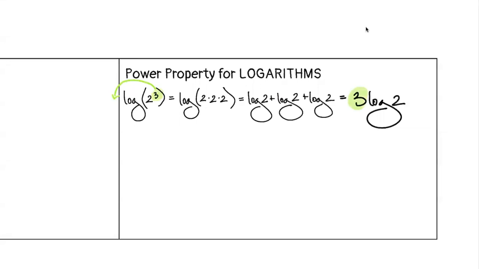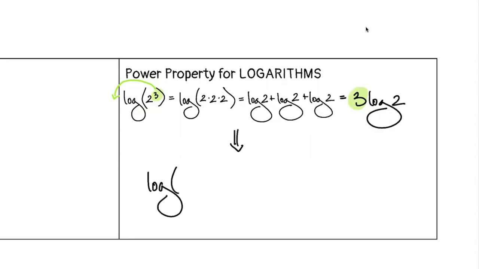Just trust me on that one. The reason why is because when we're looking at this power, we could just write it out as a multiple, however many times we have it. We apply the product property, and then we combine our like terms, and we end up with 3 of them.